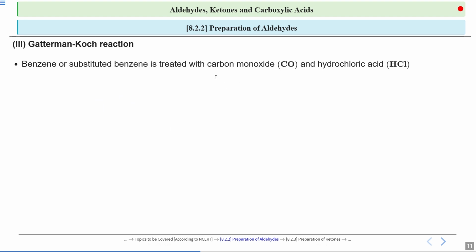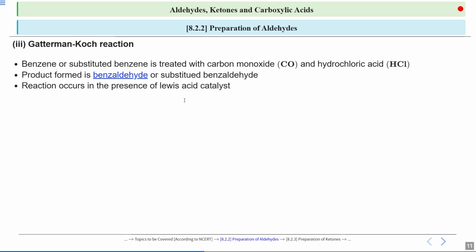Carbon monoxide is a colorless and odorless gas, whereas HCl, hydrochloric acid, is a strong acid commonly used in labs. The product of this reaction is benzaldehyde or substituted benzaldehyde.